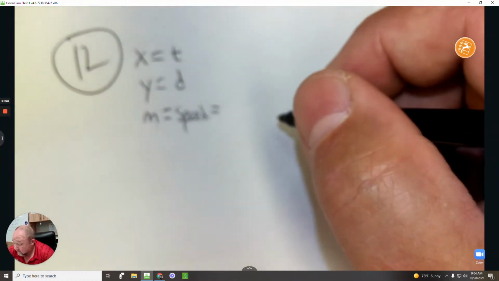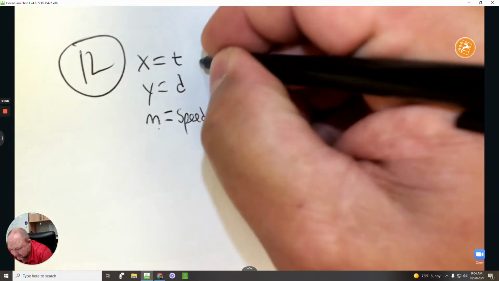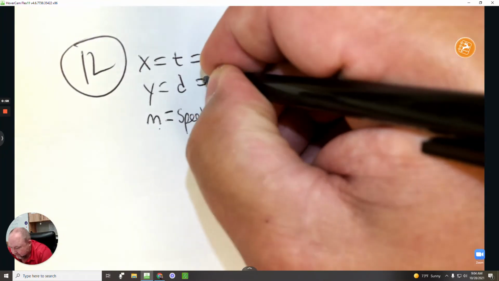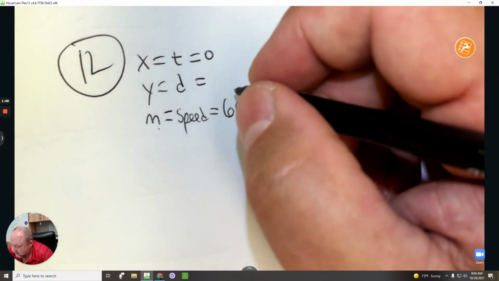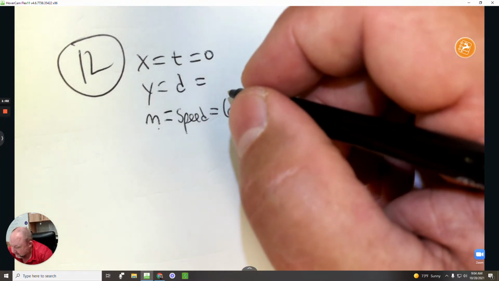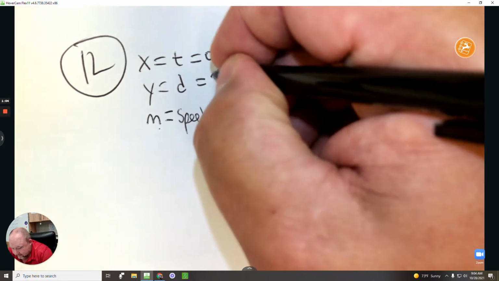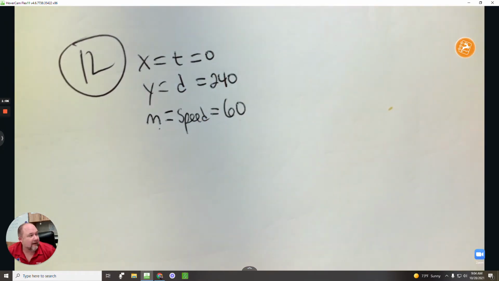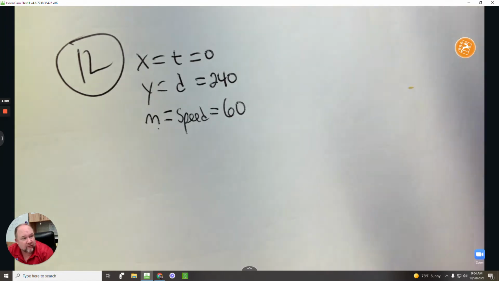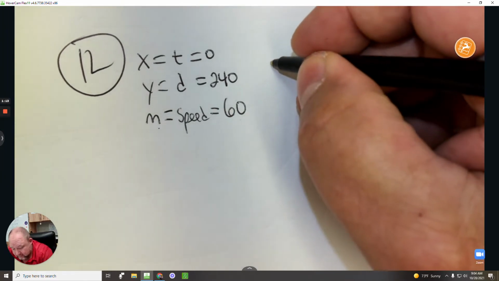That's the rate. So in the question, it says that she's going 60 miles per hour. Use 0 for t. That means if she's starting at the 240 mile marker, at 0, her position is 240. So we're going to use those values to write a linear function.